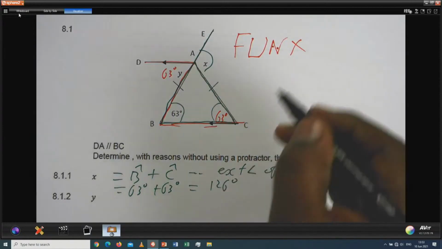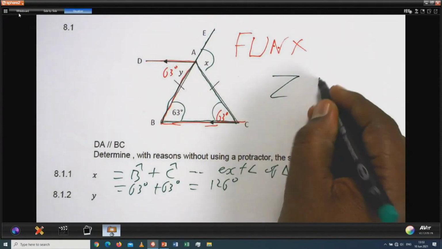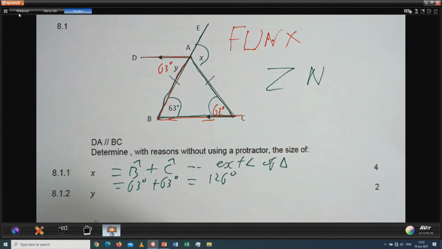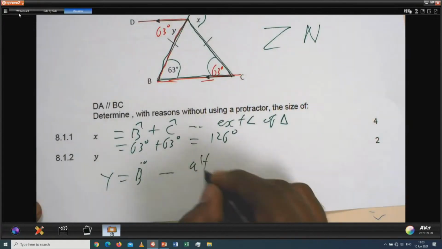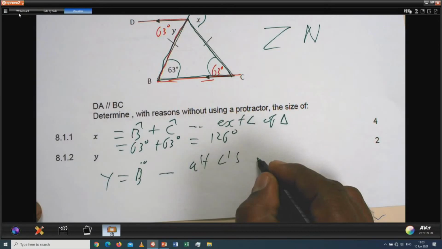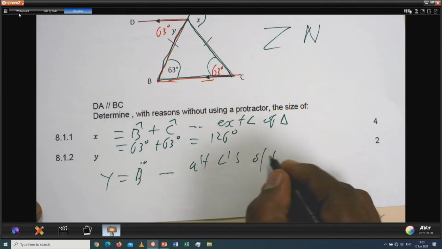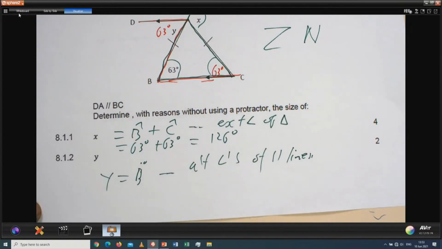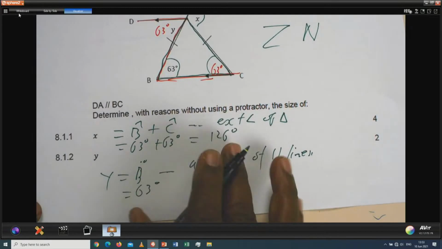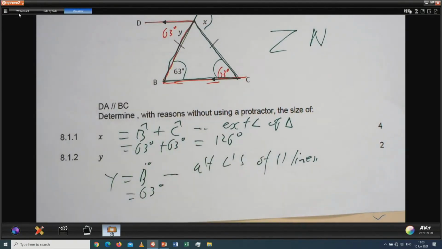Meaning Y is in Z or N form. Therefore, Y is equals to B degrees. What is the reason? Alternating angles of parallel lines. And what is B? 63.